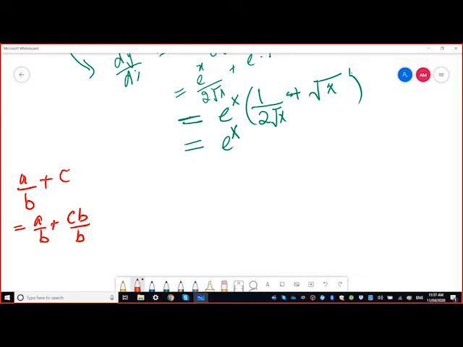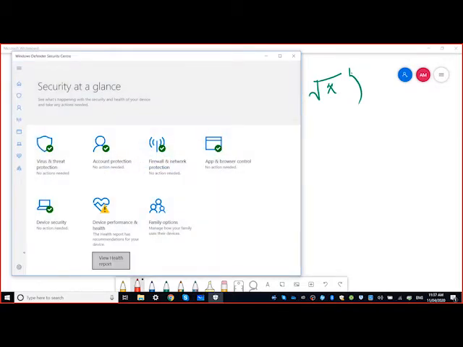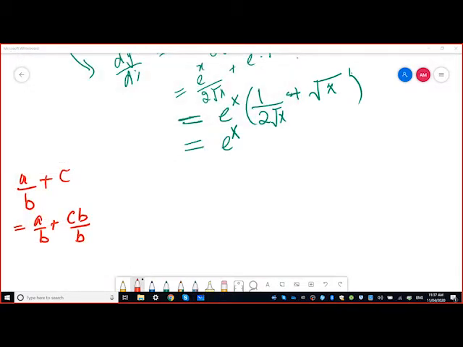And then you add. Now they have the same denominator, now you can just add. So we take B and A plus CB here. Good.